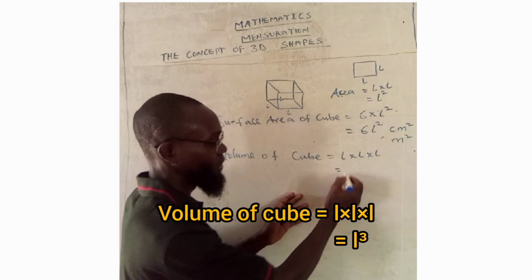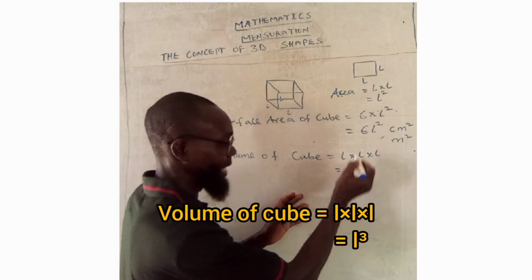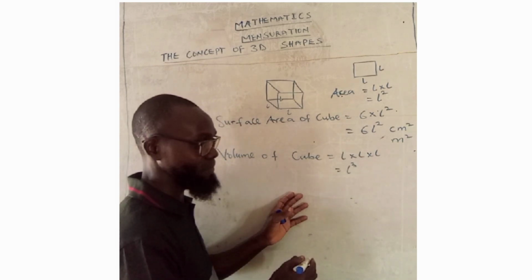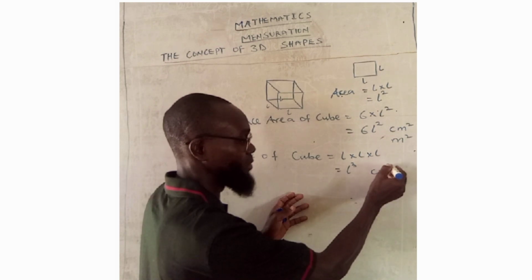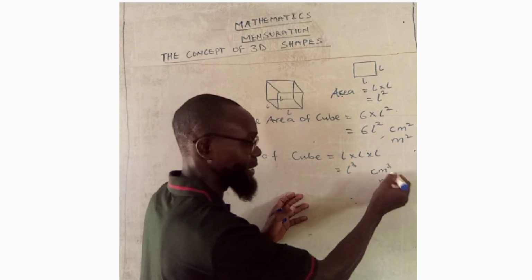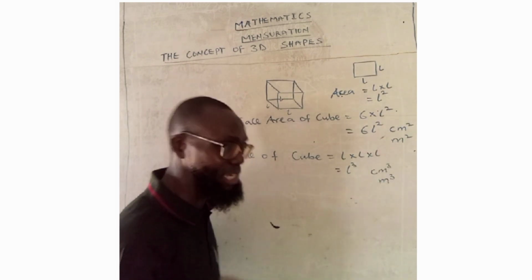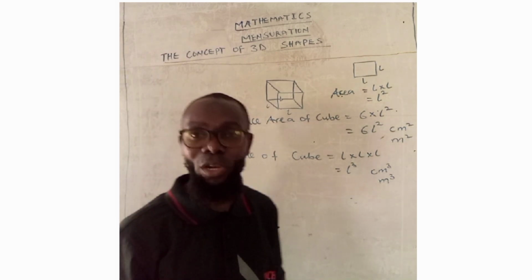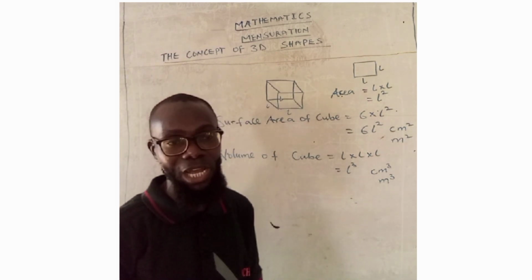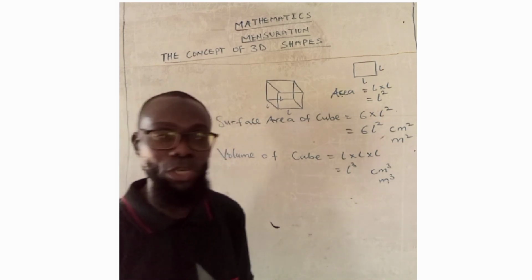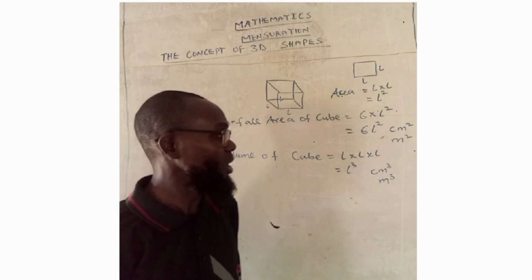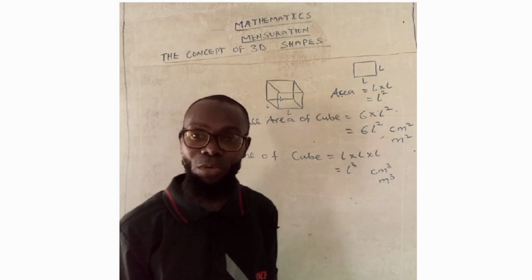So we have L raised to power 3, that is cubic length, and the units can be calculated in centimeter cubed and as well in meter cubed. These are examples of three-dimensional shapes. In the next lesson, we shall be looking at the calculation involving the surface area of a cube and the volume of a cube.